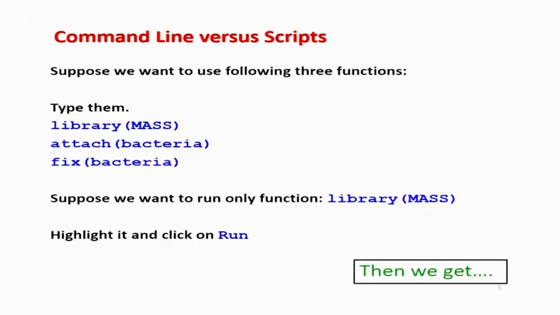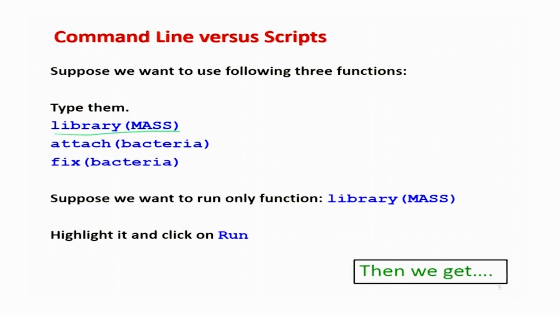Suppose my objective is that I want to execute these 3 functions, right. Now you know the meaning of this syntax, and some of them you might not know, but I will explain them in the forthcoming lectures. The first command, as you know, is library mass.